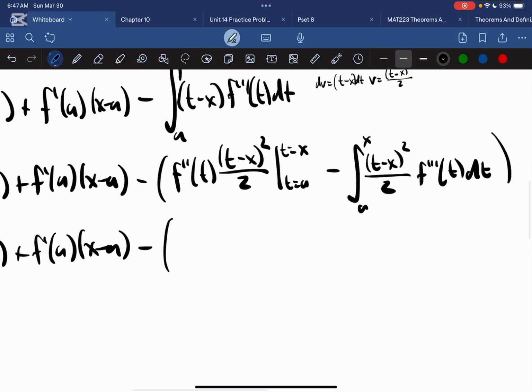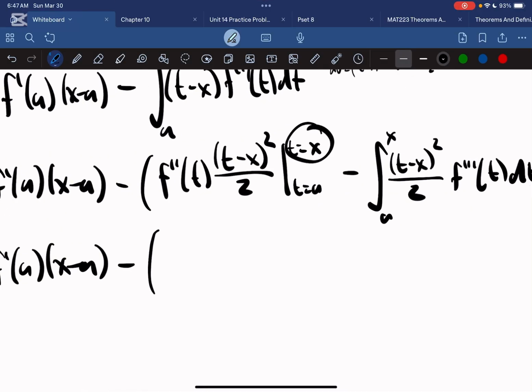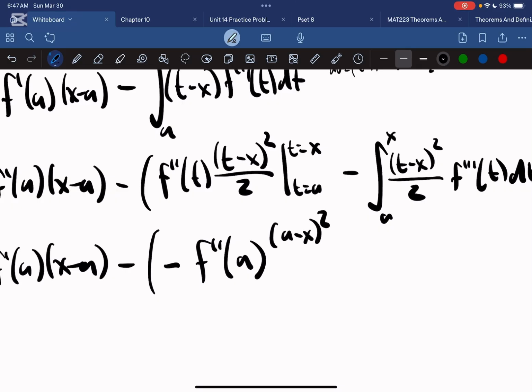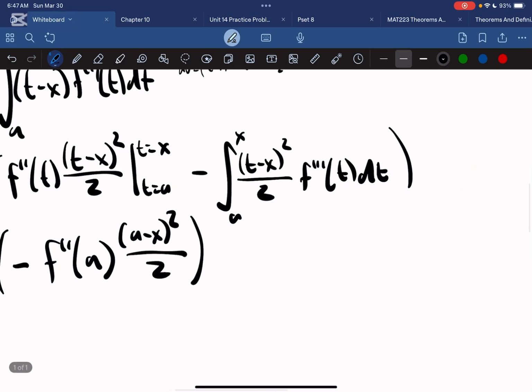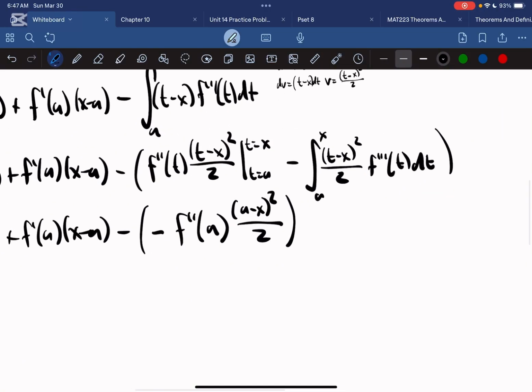minus, and then here, obviously, when t is equal to x, this will cancel to 0, right? So let's ignore the term. And so we have negative f double prime at a times a minus x squared over 2 plus this guy, right?